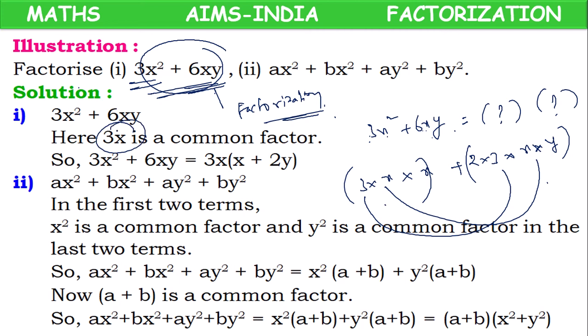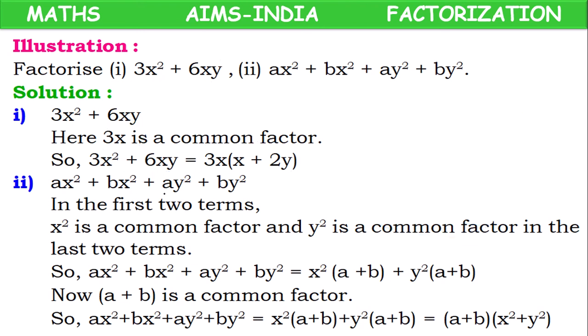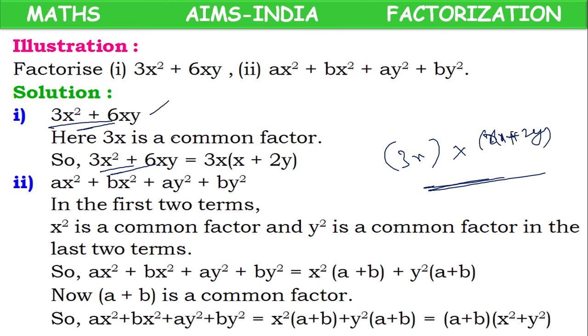So 3x is the common factor. If you take out the common factor 3x from the given expression, what is remaining? In the first term, only x is remaining. In the second term, 2 and y are remaining, so 2y. So for the given expression, the factors are one is 3x, another one is x plus 2y.